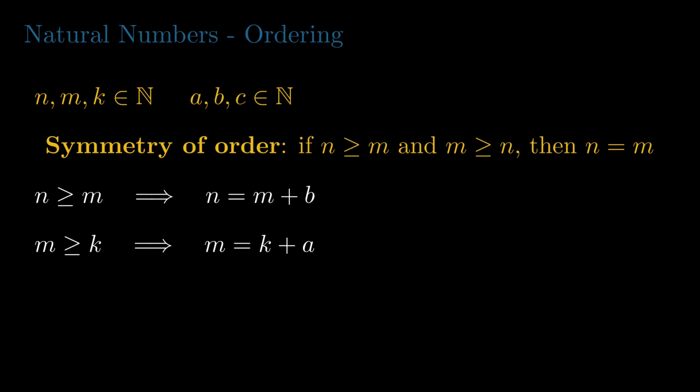We can substitute again m in the first equality with its expression, so n is equal to n plus a plus b. The only way the last relation can be true is with a equal to 0 and b equal to 0. Using these values for a and b in the starting expressions, we get n equals m.